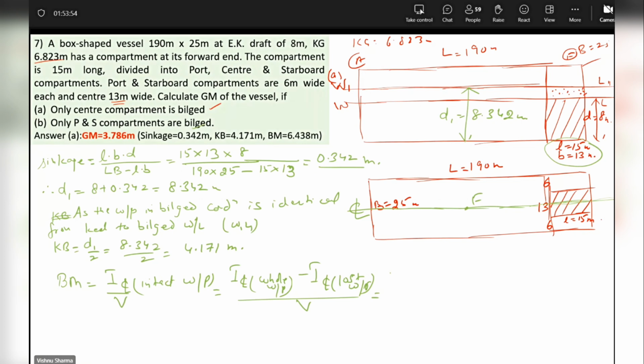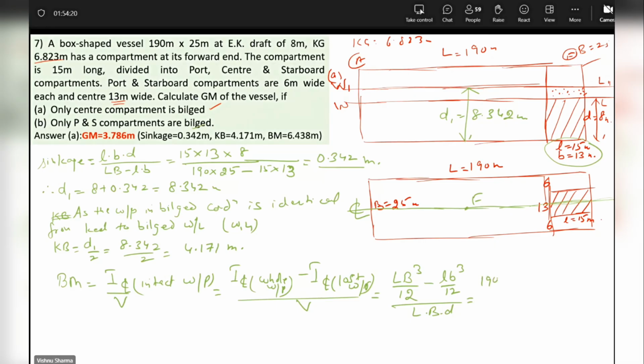ICL of the whole water plane is no issue, LB cube by 12. Tell me, is the center line a standard axis for the lost water plane? Yes or no? Yes. So then it will be minus lb cube by 12, divided by LBD.